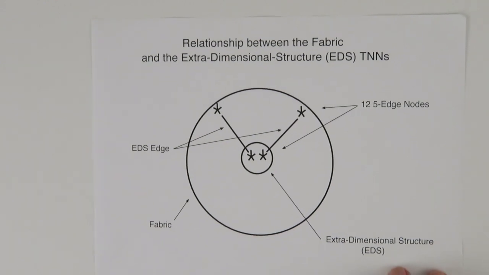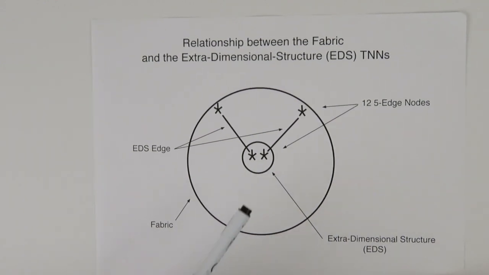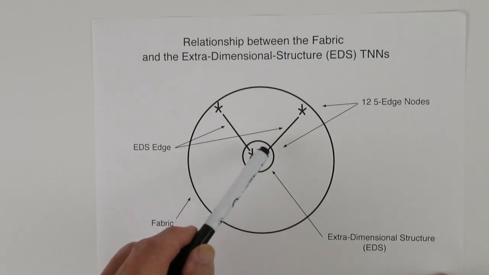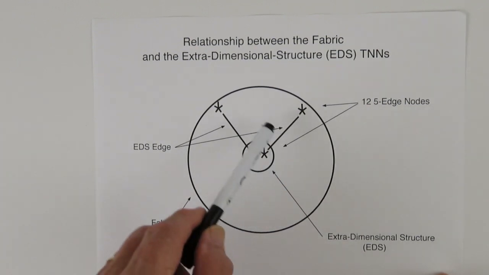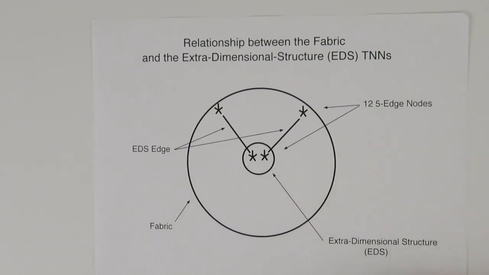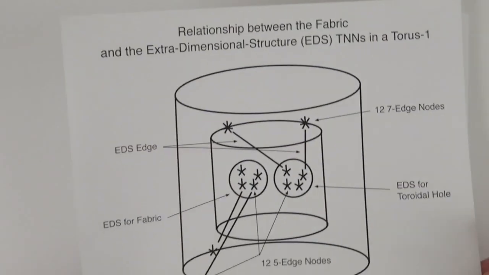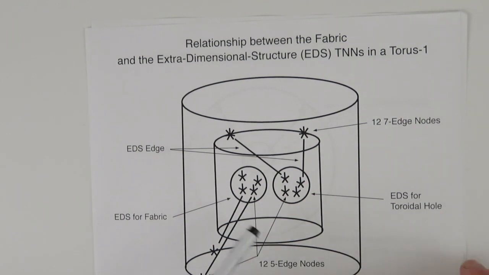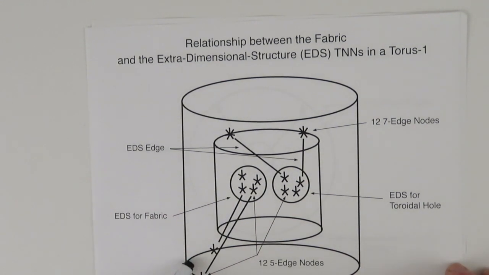With respect to the position of the EDS in the structure, let's say, of a torus 0, in principle this EDS structure could be any place inside of this bag or outside, but let's just say inside. In the case of the torus that has the two EDSs, one for the external torus 0 and one for the toroidal hole, if you want them connected, probably you will put them here.